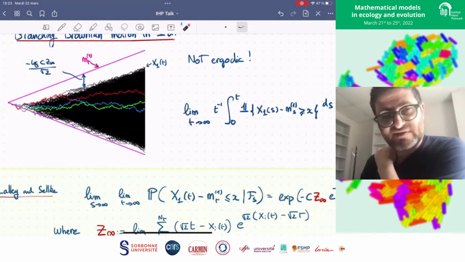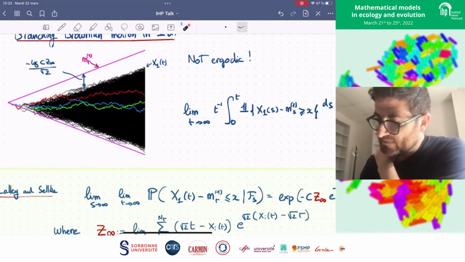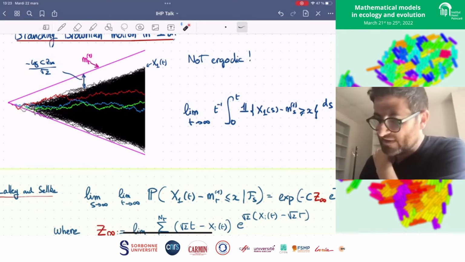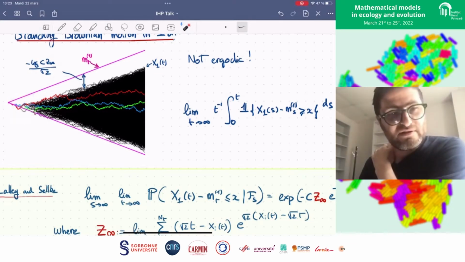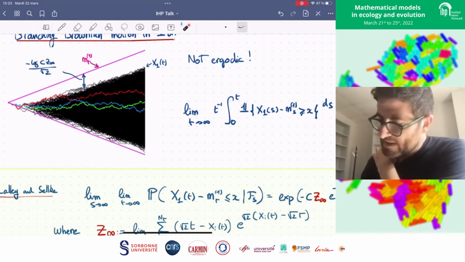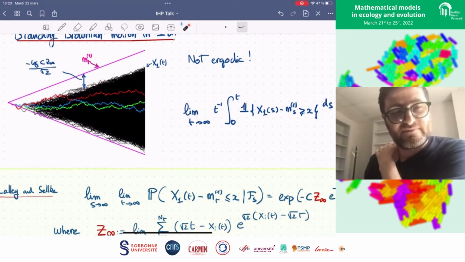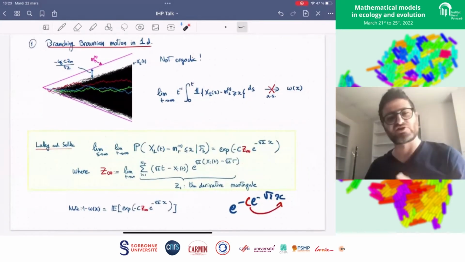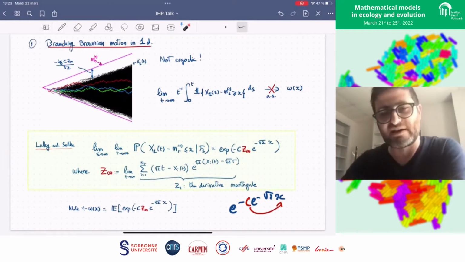This shift is exactly the initial advantage, the initial lag that you've built up in the early fluctuations of the process, that you never catch up. And then the Gumbel fluctuations are those little fluctuations you see here. That's at least the picture suggested by Lalley and Sellke's result.